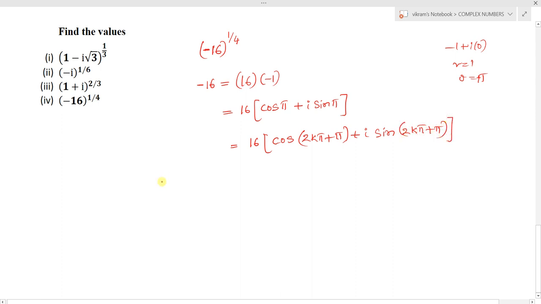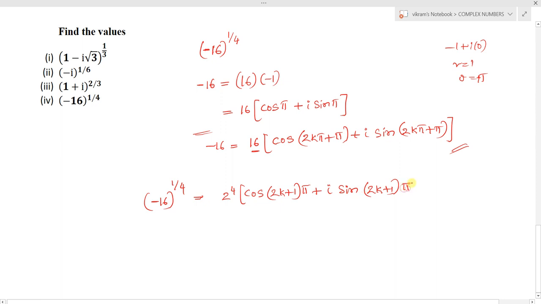Is it clear? Now what we have to find out is minus 16 power 1 by 4. This is totally our minus 16. Now the minus 16 can be written as 16, that is 2 power 4, into cos of (2k plus 1) pi plus i times sine of (2k plus 1) pi, that is, 2k pi plus pi, and this total has power 1 by 4.